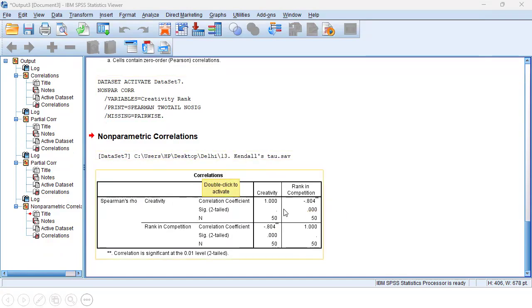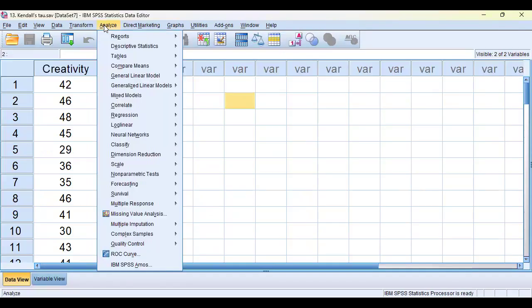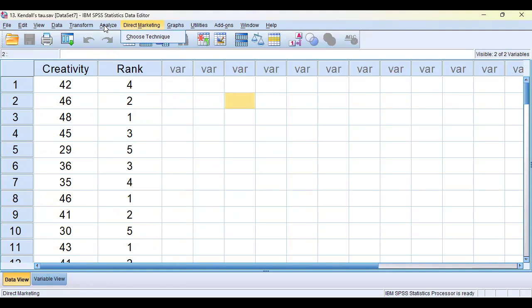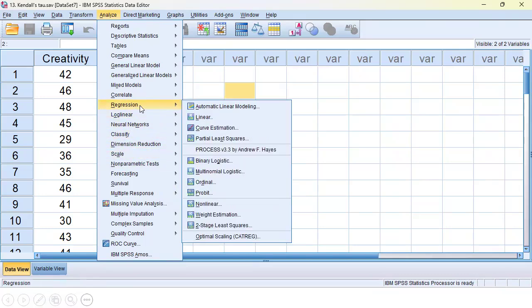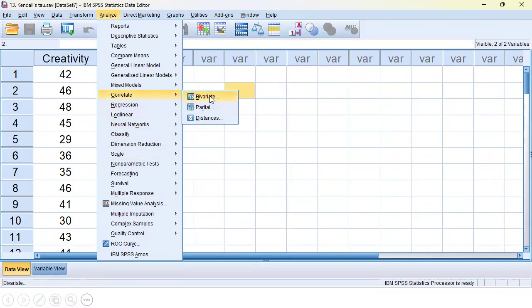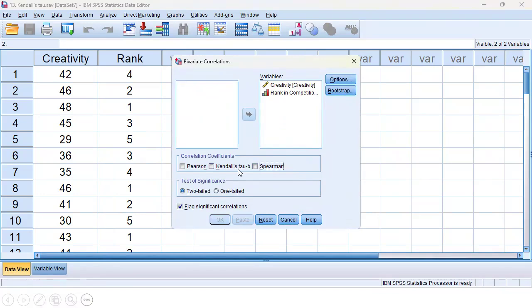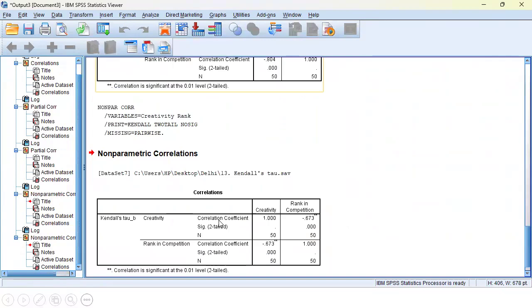If your data has ties, then you can perform Kendall tau. So here analyze, bivariate correlation, bivariate, tick this button Kendall tau and then okay.